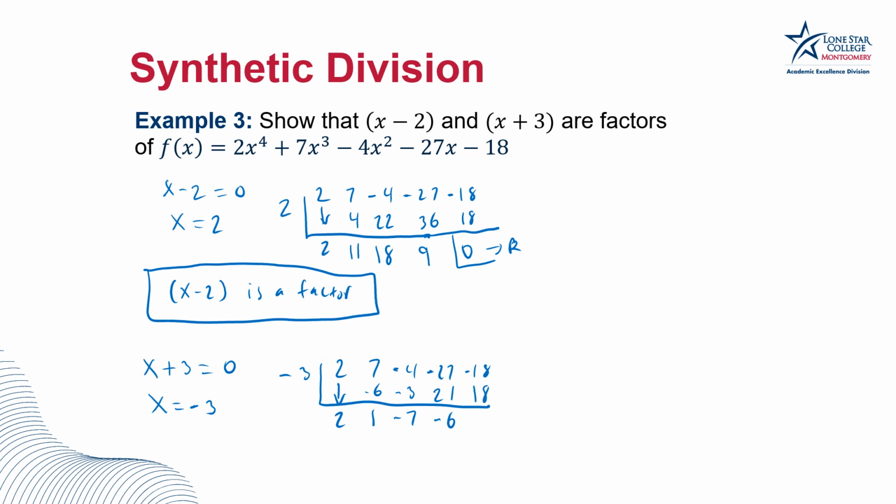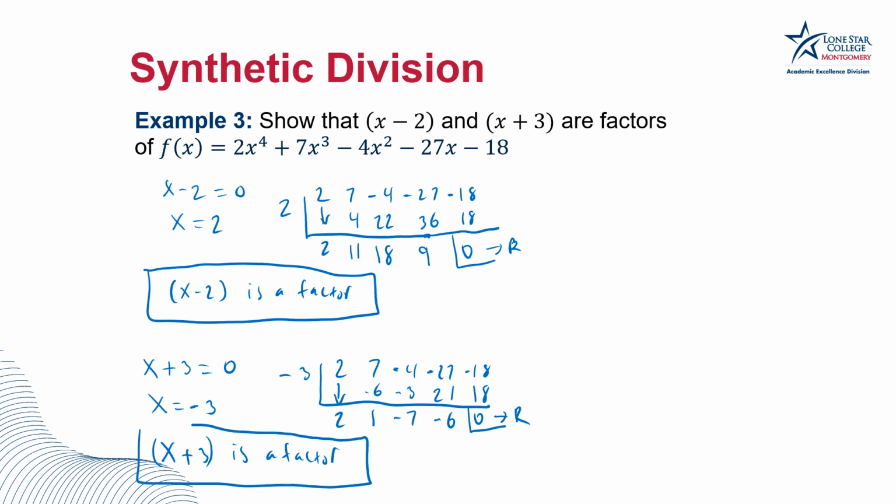And negative 18 plus 18 gives us 0. So the remainder, again, is 0. So x plus 3 is also a factor. And so both binomials, x minus 2 and x plus 3, are factors of our function here.